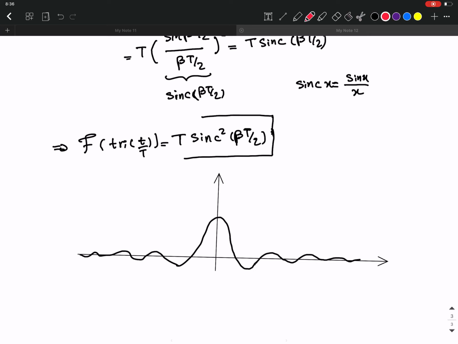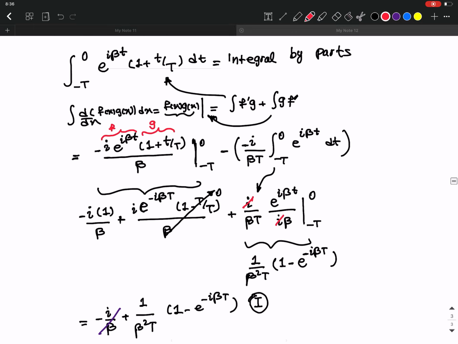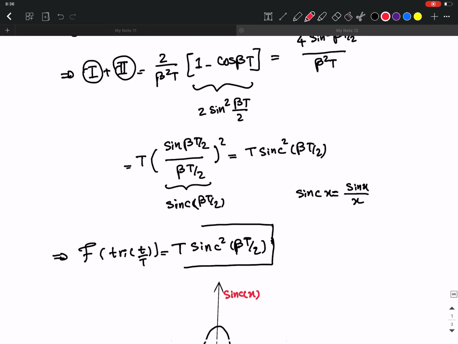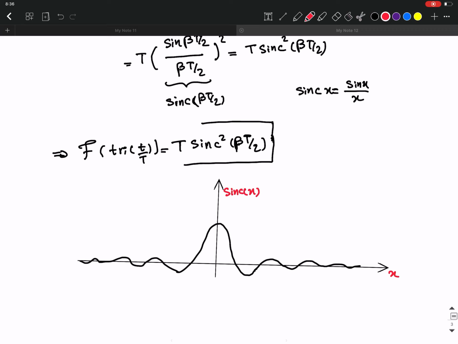So this is x, and this is sinc of x. Okay, so you can see how it looks when you take the Fourier transform of something like this. Then it's going to be t sinc square of beta t over 2.